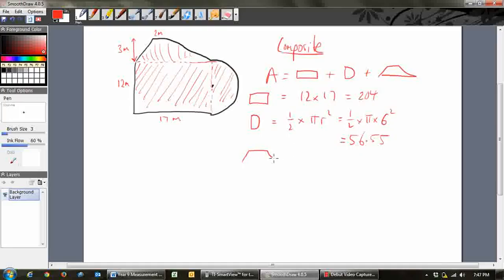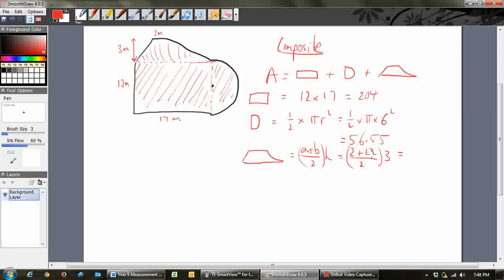And lastly, our trapezium. What is that? The formula is basically the average of the top and bottom, so I'll write this as (a plus b) over 2 times the height. So the average of the top, which is 2, so 2 plus the length of the bottom of the trapezium, which is 17, divided by 2 and times the height of the trapezium, which is 3.